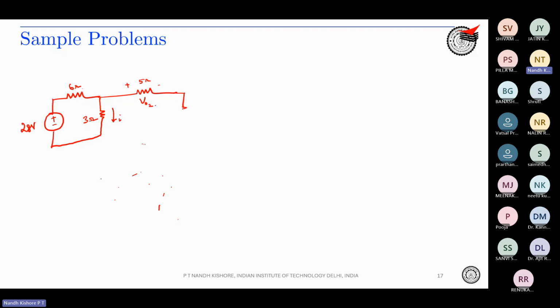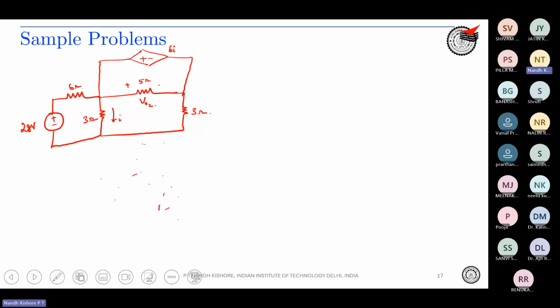So we told that 12 parallel to 4 is going to be 3 ohms, right? And this is going to be 6I. So this is an even simpler problem.